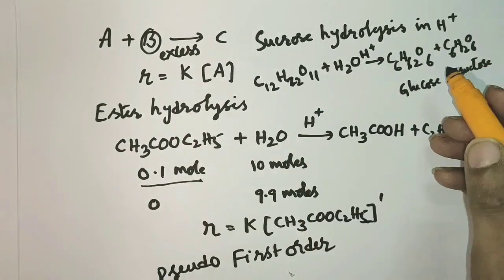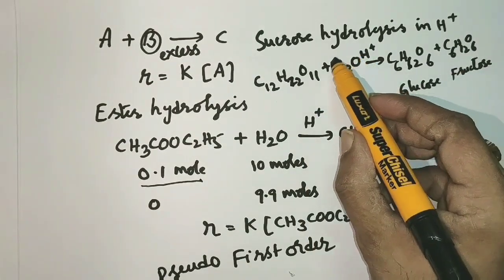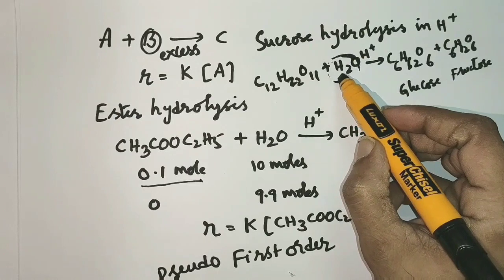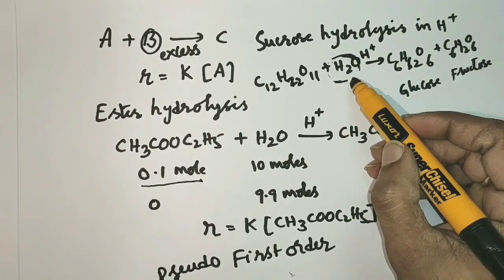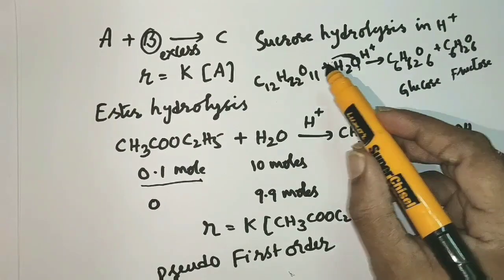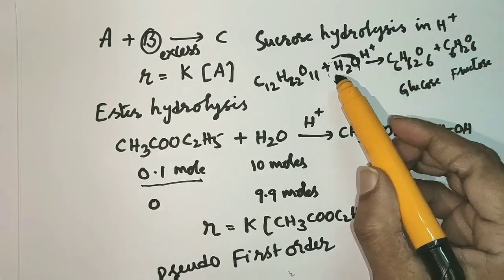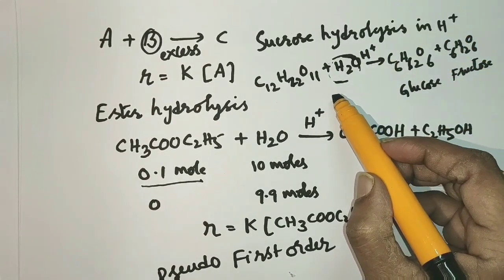So in hydrolysis reactions, water will be taken in excess amount. So rate of those reactions is independent of concentration of water. So sucrose hydrolysis in acidic medium is also a pseudo first order reaction.